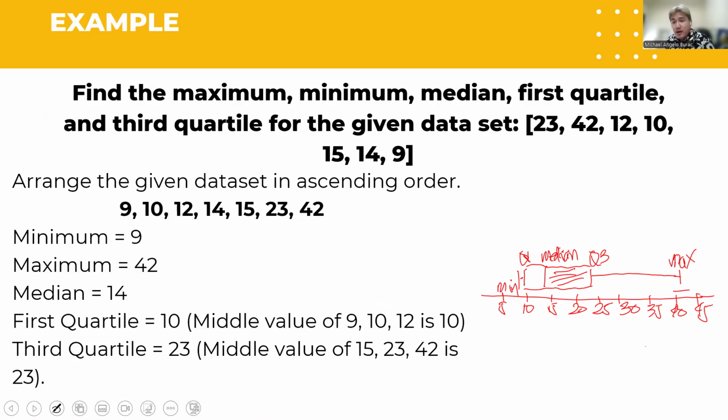So that's for the box plot. It's very simple. Just have to get the 5 number summary that includes the minimum, maximum, median, first quartile, and third quartile values. So for the extreme values, you just have to multiply the value 1.5 to the IQR.